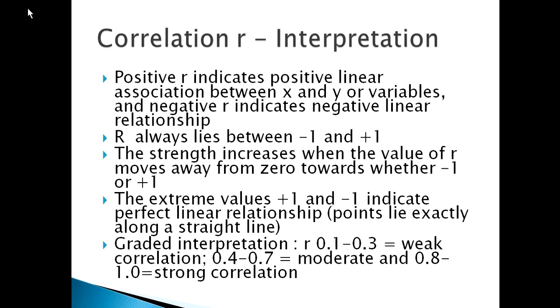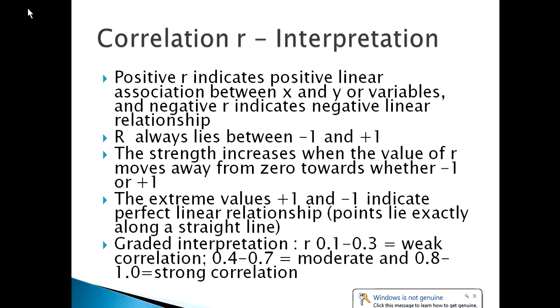How can we interpret the correlation results? The positive R indicates that there is a positive linear association between the dependent and independent variables, and the negative R indicates that there is a negative correlation. The value of R always lies between -1 and +1.